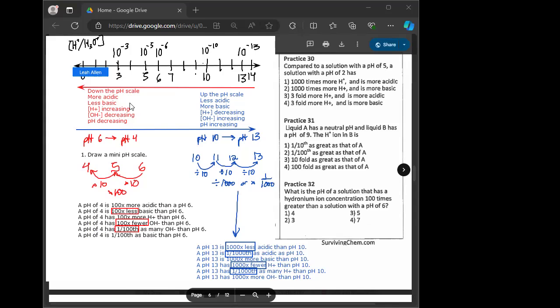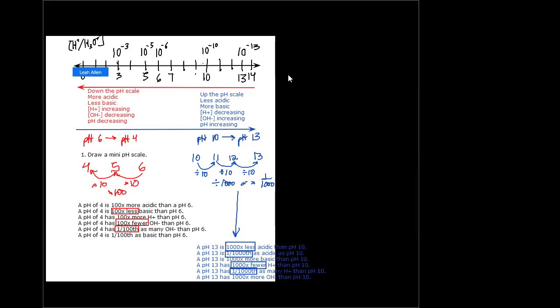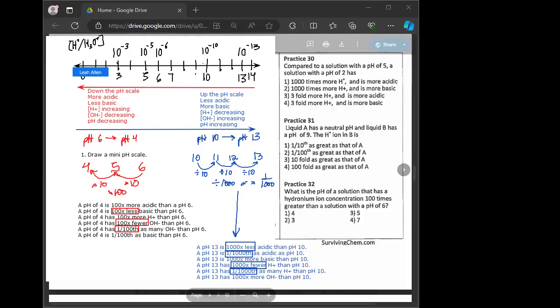So for number 30, it would be 2. Well, is a pH of 2 more acidic or more basic?